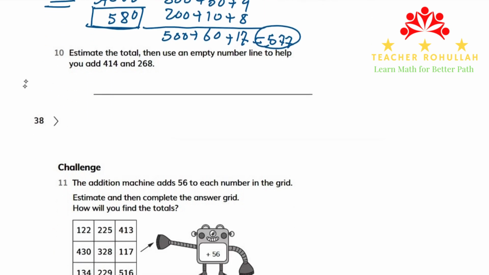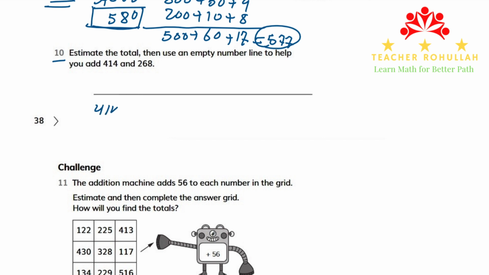Okay, in question number 10, it says, estimate the total, then use an empty number line to help you add 414 and 268. Let me first estimate the total. To estimate, I will use rounding.